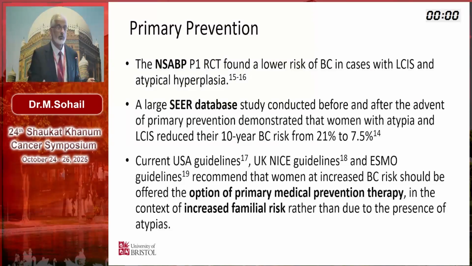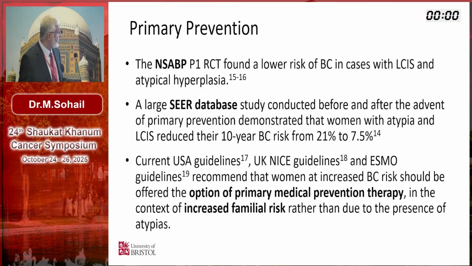There was also the NSABP trial in America, after which the FDA approved this primary prevention there, and later on some people looked at its database and found a significant risk reduction from 21 to 7.5% in cases with ADH and LCIS. So this anti-estrogen treatment can help.